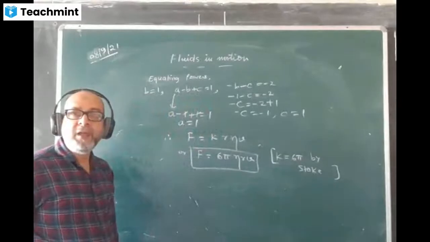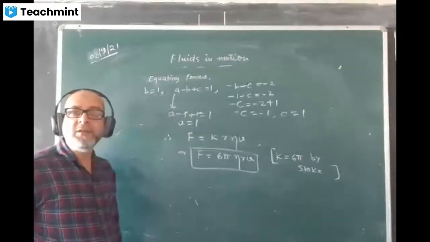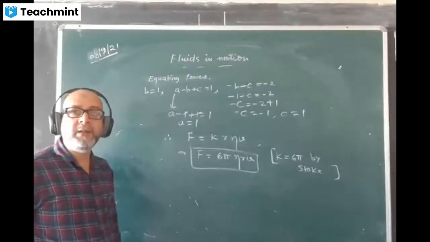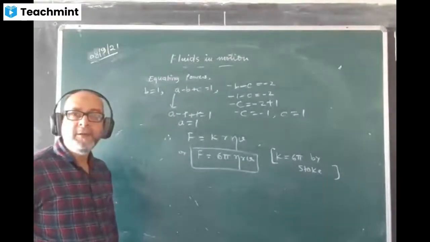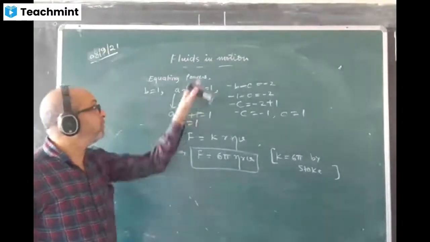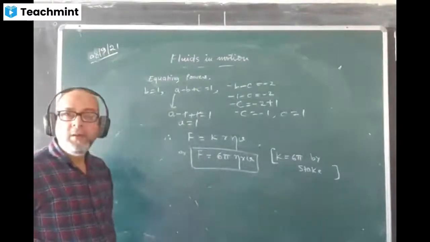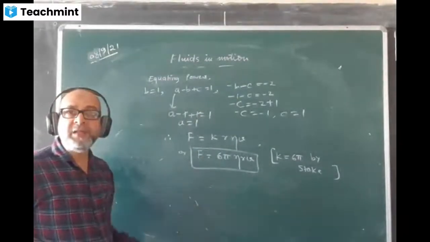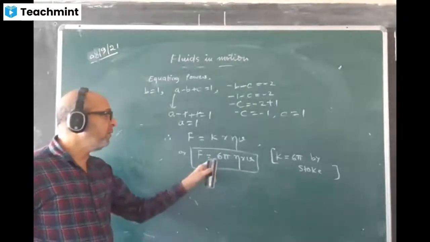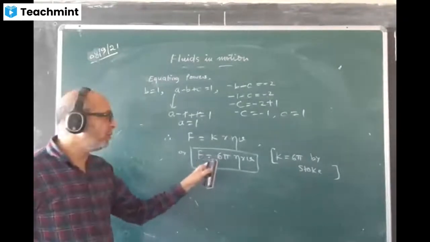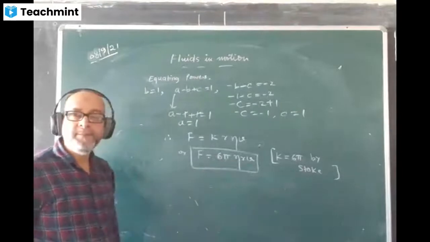The value of K, a constant, Stokes found on the basis of several experiments, is 6 pi. So this formula is called Stokes formula or Stokes law. This F stands for viscous force. The viscous force on a spherical, round object is 6 pi eta R V.